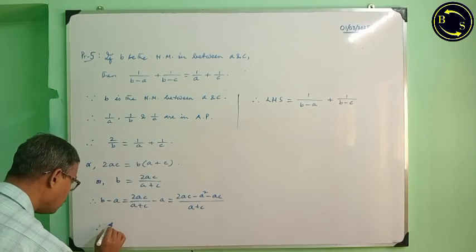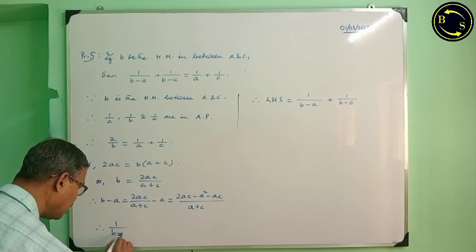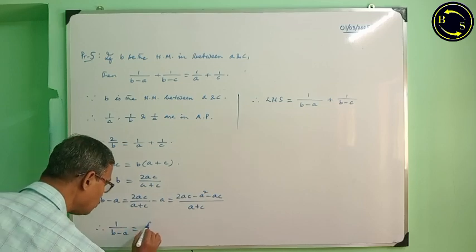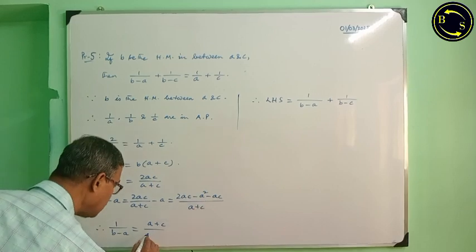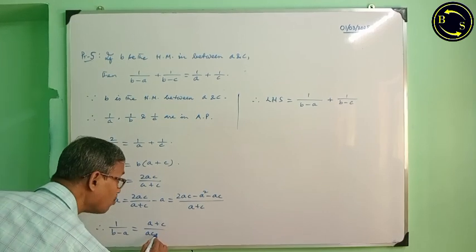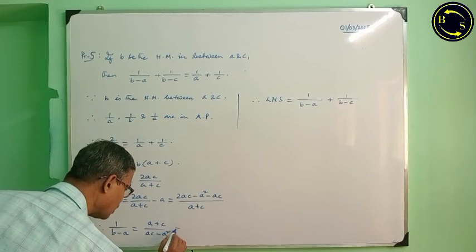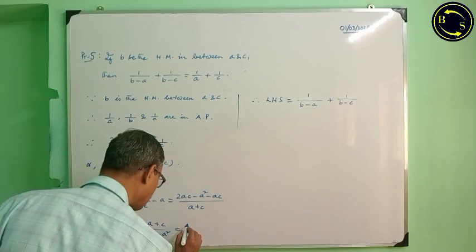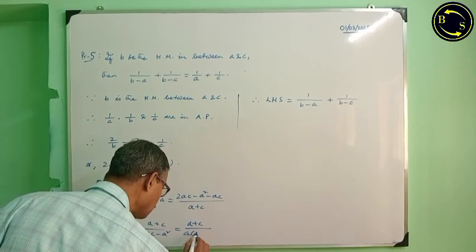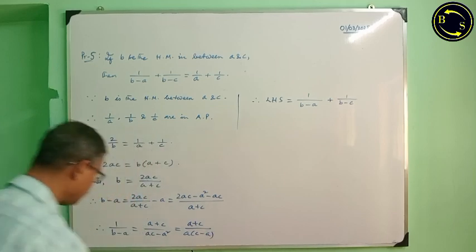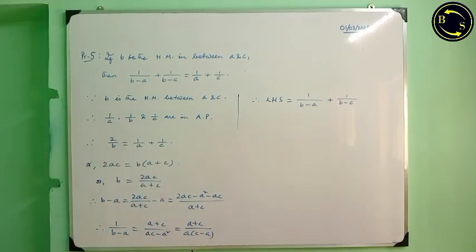Therefore 1 by (B minus A) is equal to (A plus C) by, this will be AC minus A square. If I take A common factor, (A plus C) by A into (C minus A).